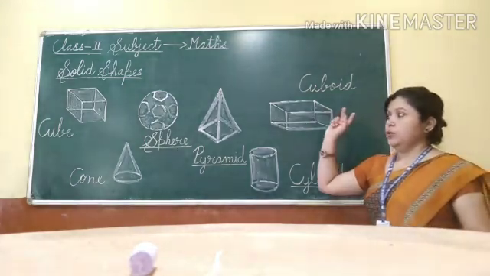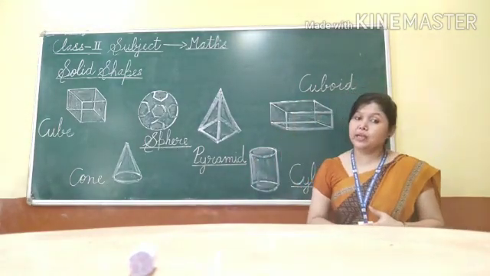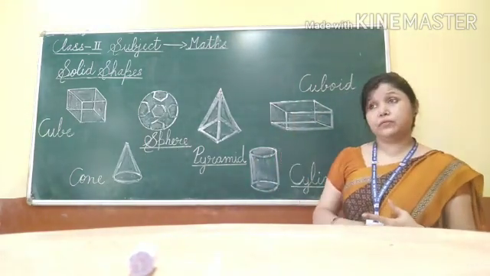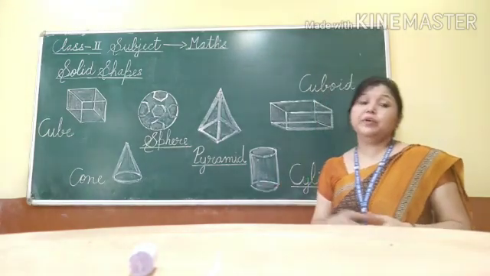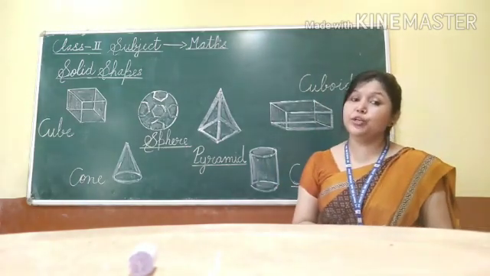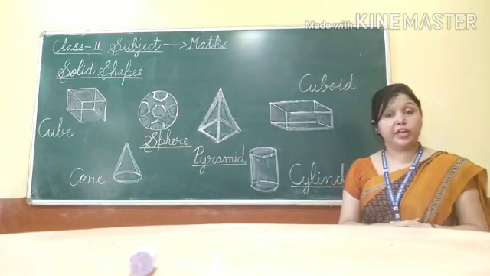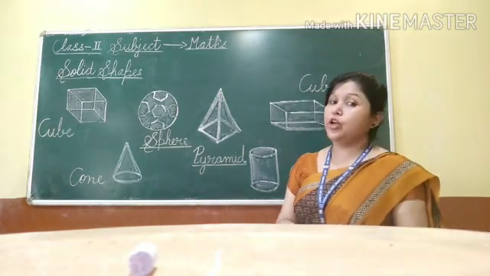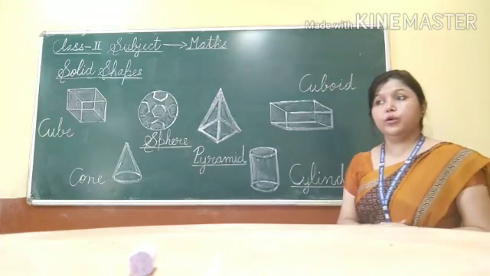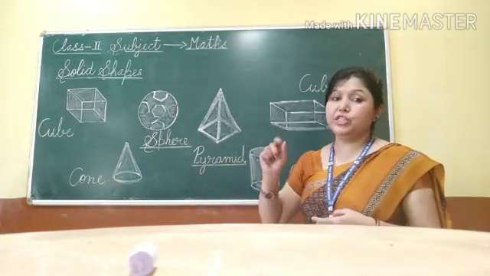So we have matched a few things with these shapes. Now, a few minutes back, I told you about 3D shapes. 3D means three-dimensional shapes. Now we are going to discuss 2D shape.